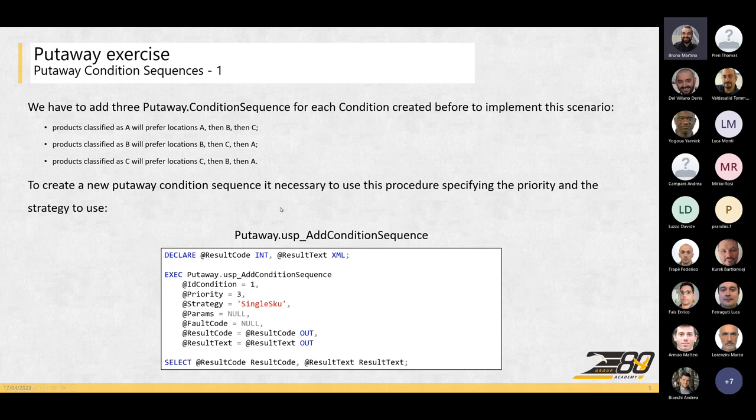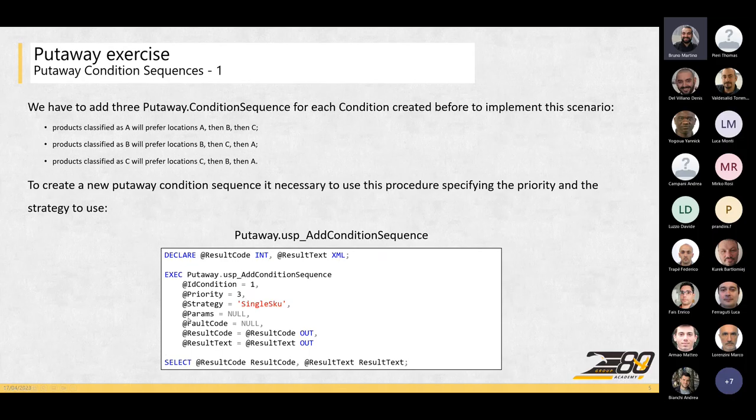To create a condition sequence, it's necessary to use this procedure, and to each execution, we have to specify the ID condition, the priority, and the strategy. This value is mandatory as the priority, while we have params and the fault code.